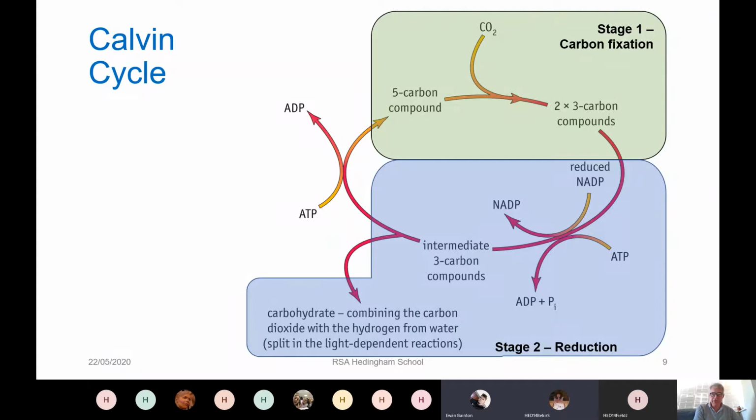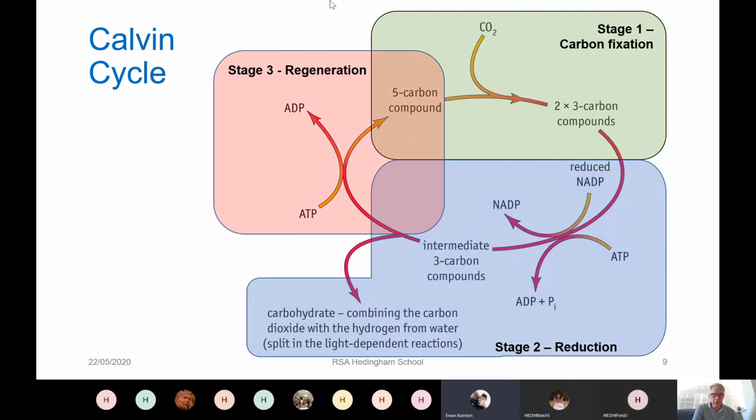And then the third stage is regeneration of the 5-carbon compound RuBP, because you want to make more of it in order for the cycle to continue. So most of the GALP actually goes back round the cycle to make RuBP, and more ATP is needed for that stage as well.